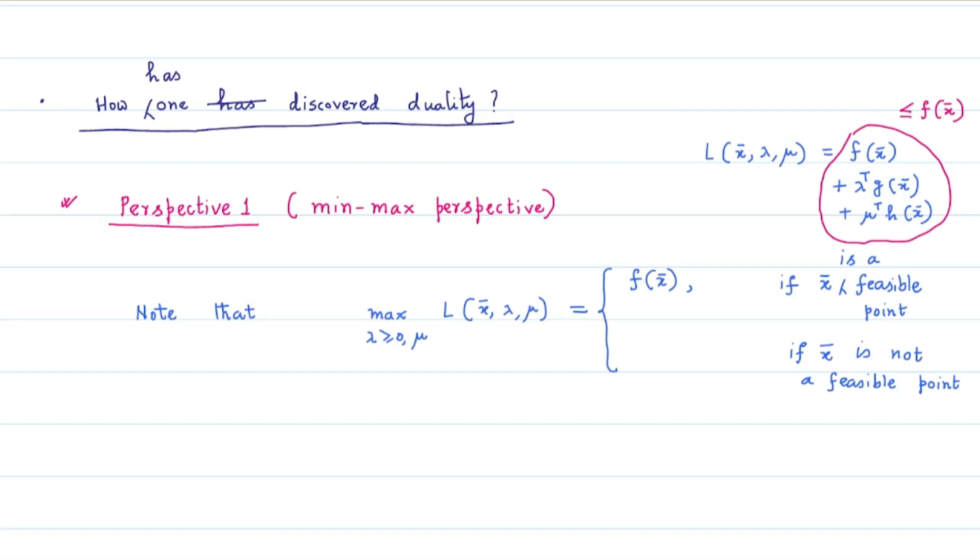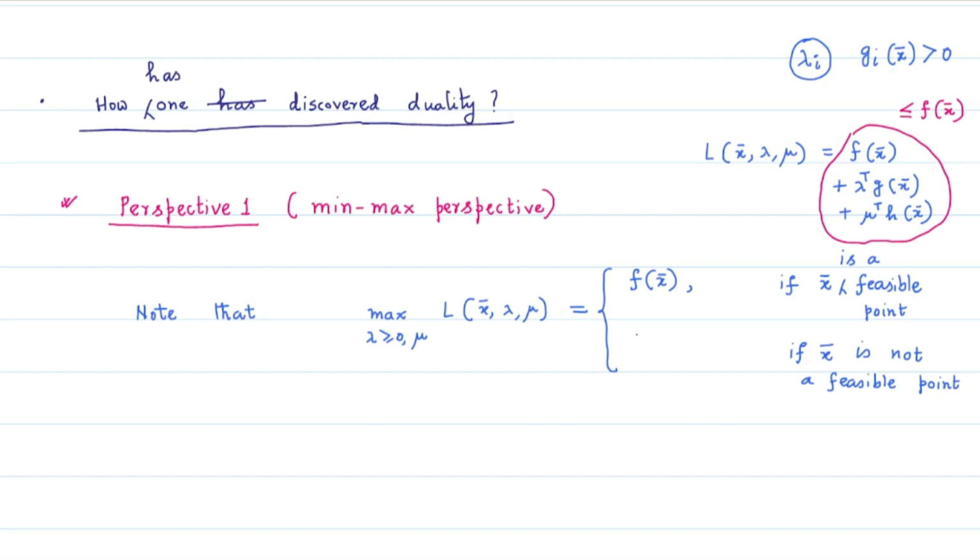Then the i-th constraint is violated. You look at the associated lambda_i and take bigger and bigger values of this lambda_i, and accordingly the term lambda_i times g_i inside this expression can be blown up.